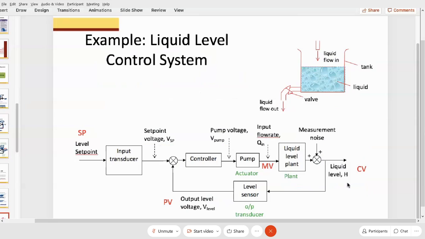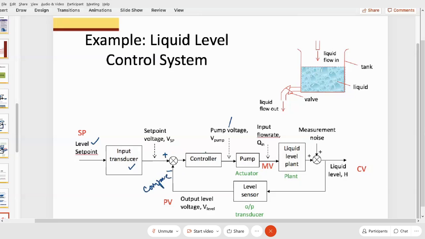Okay, so this is an example. We have actually done how to automate your level control from manual to automatic. If you draw the block diagram, this is your set level point, the standard input signal. When we draw the closed loop, you need to put in this summing junction, the comparator, to compare the input and the output signal.